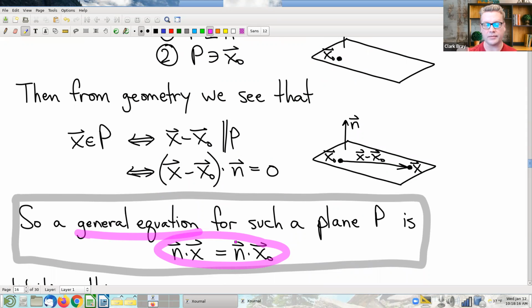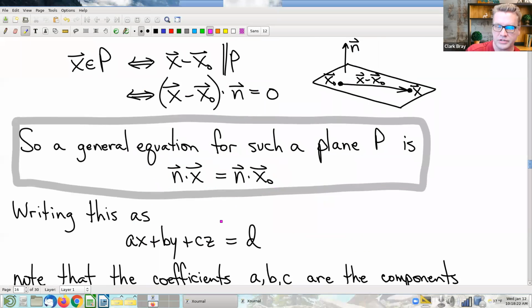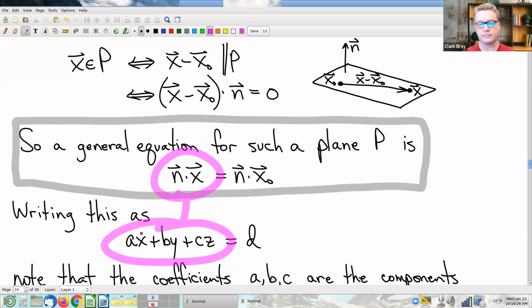Now I like it in this form myself, but you could actually crank out the dot product and write it like that. On the right hand side, keep in mind the n is given and furthermore the x naught is given, so everything on the right is known. You crank out that dot product and you just get some number.